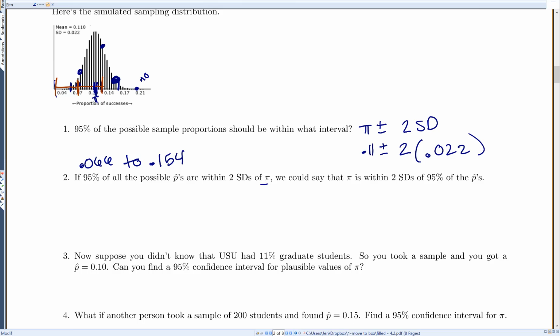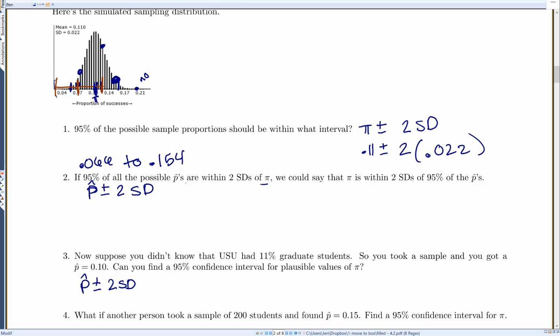Well, let's see, what do we get if, instead of centering at our population parameter, we try and center it at our sample proportion? So we'll take our sample proportion plus or minus 2 standard deviations. Okay. So our p-hat, our sample proportion is, oh, sorry, I wrote that in the wrong spot, but maybe it'll be helpful here. So we said if 95% of all the possible sample proportions are within 2 standard deviations of pi, we can say that pi is within 2 standard deviations of 95% of the p-hats.